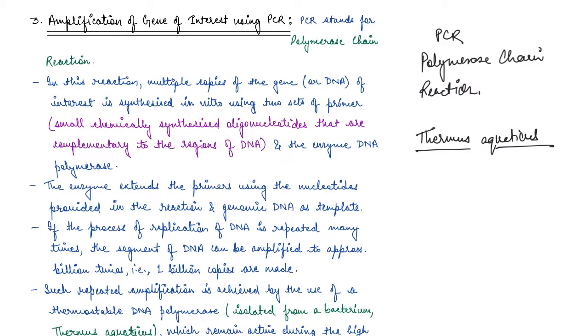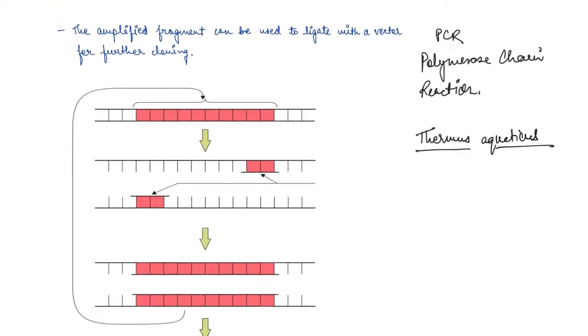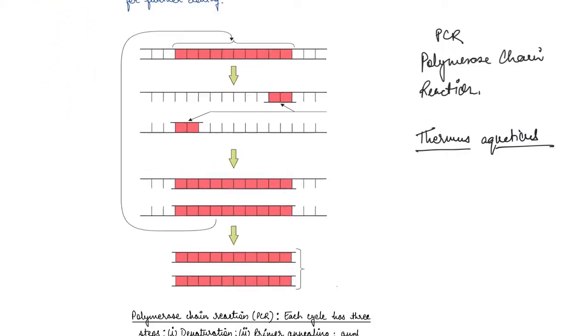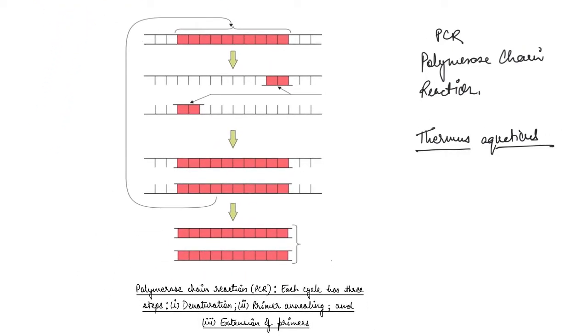So we'll see this again through this flowchart, right? So what we are basically seeing here is that, say, this region that you see from here to here is the region which is to be amplified, right? Now say this is the 5 to 3 end, and this is the 3 to 5 end.